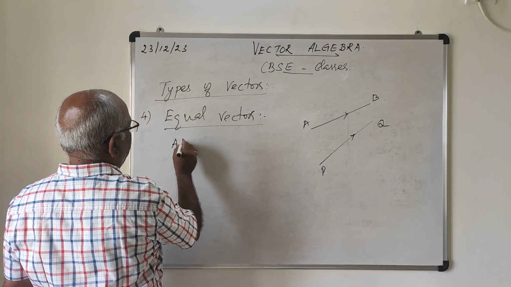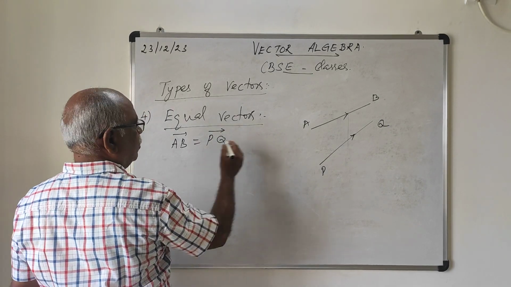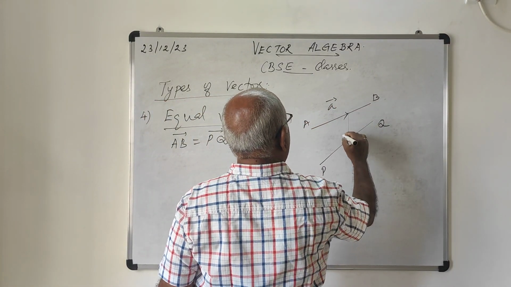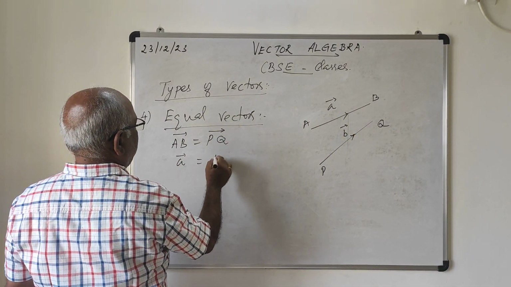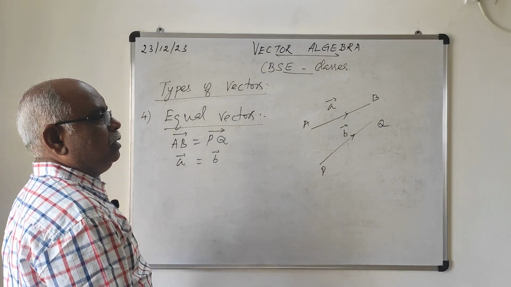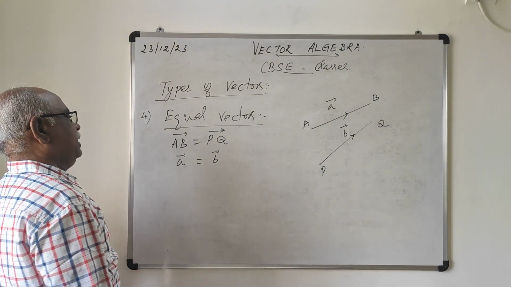AB vector is equal to PQ vector, or otherwise you call this vector A and this vector B. So vector A is equal to vector B. These two vectors are equal if they have the same magnitude and direction.